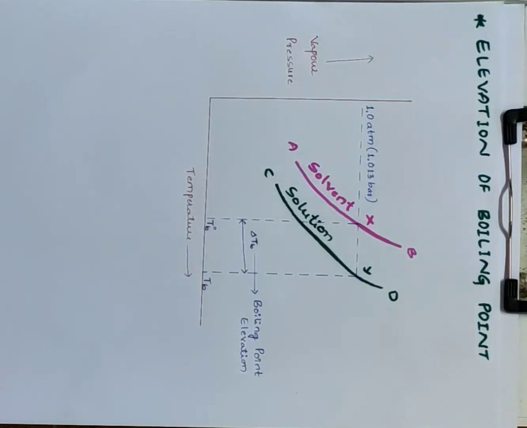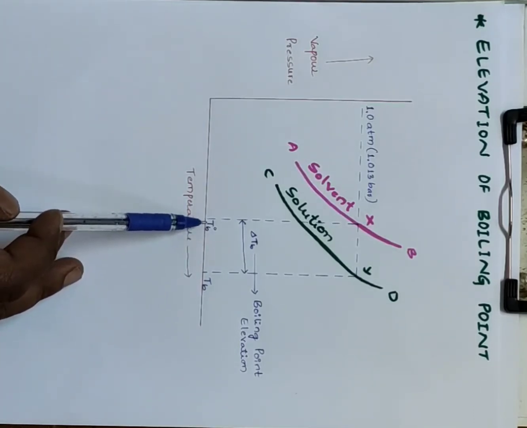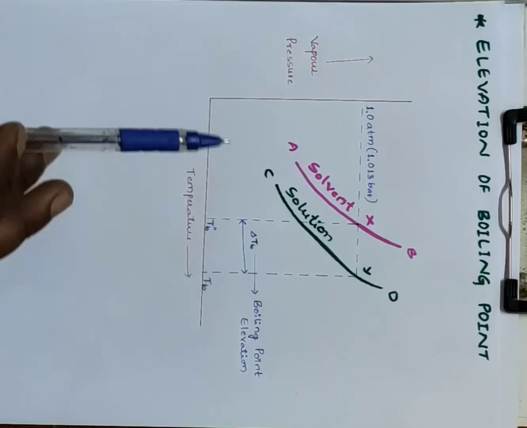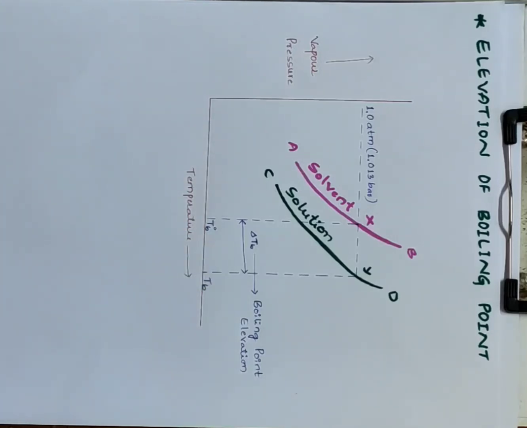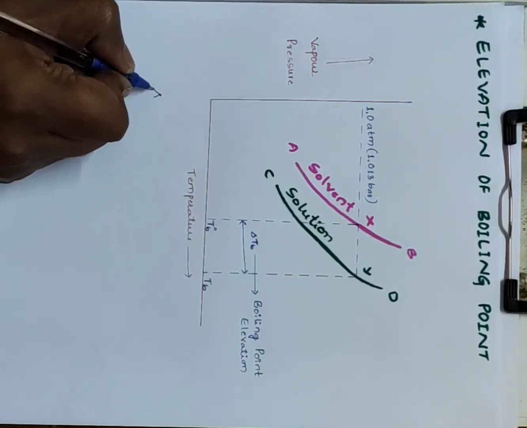Let T0B be the boiling point of this pure solvent and TB be that of the solution. The increase in boiling point is given by delta TB.